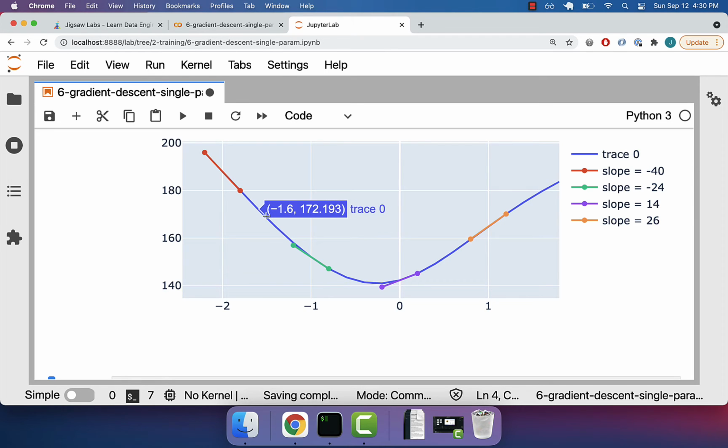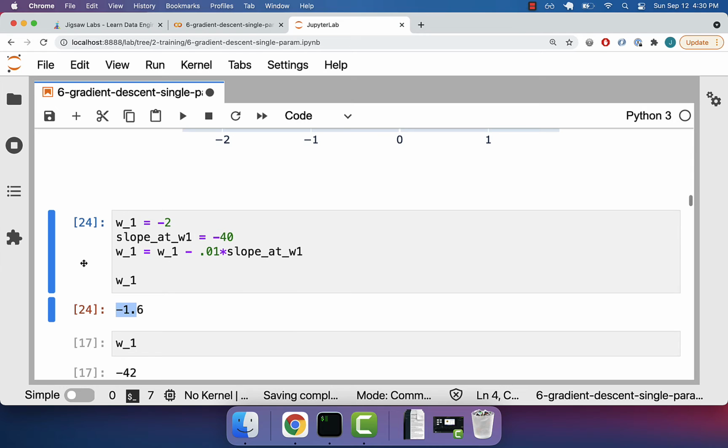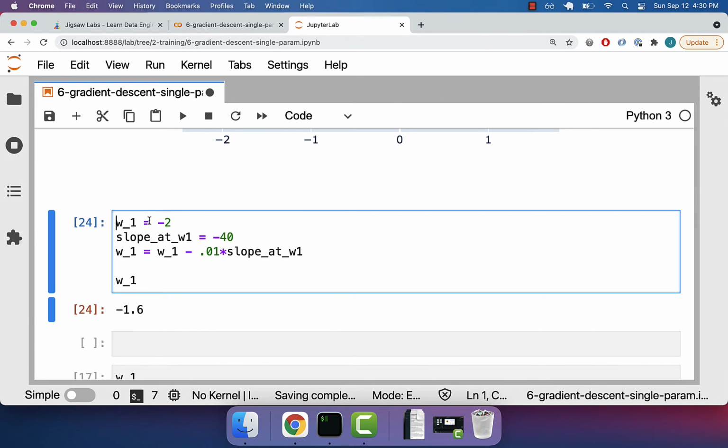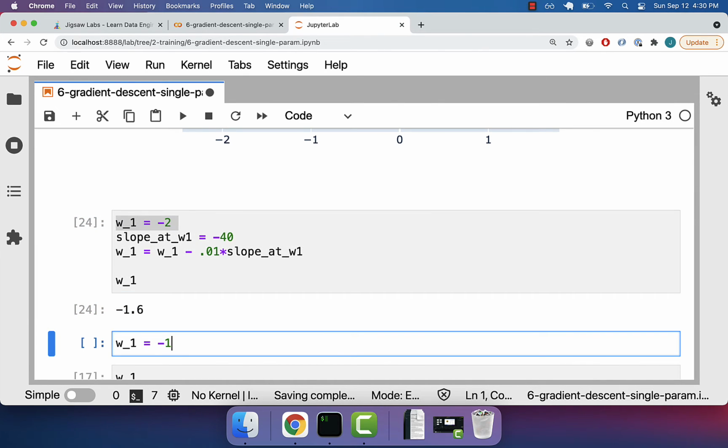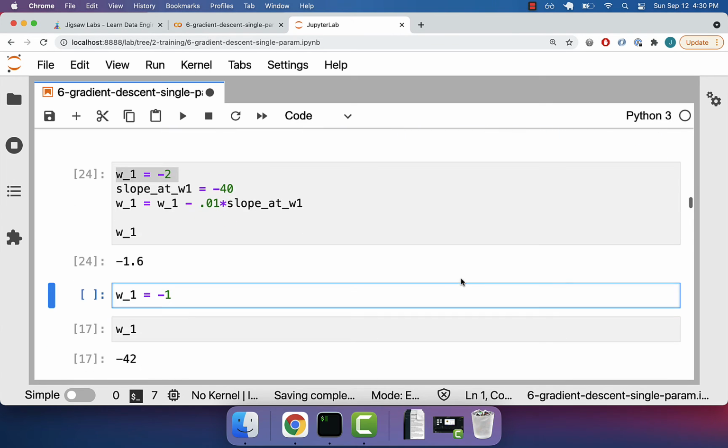And if perhaps we tried this again, let's say we wound up here at -1. The slope at this is -24.